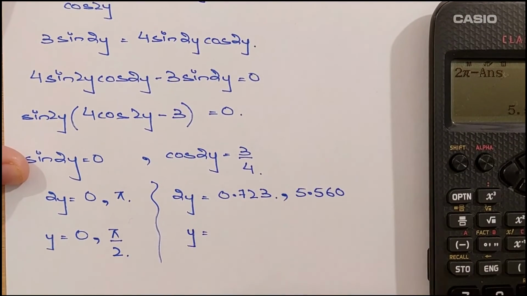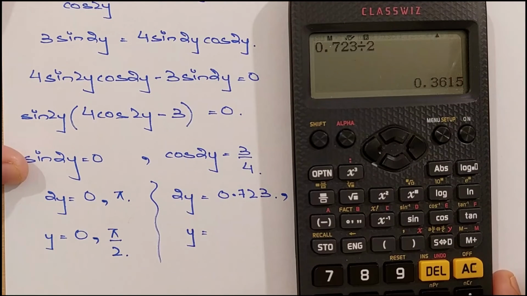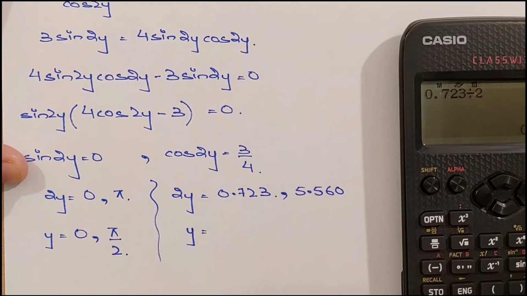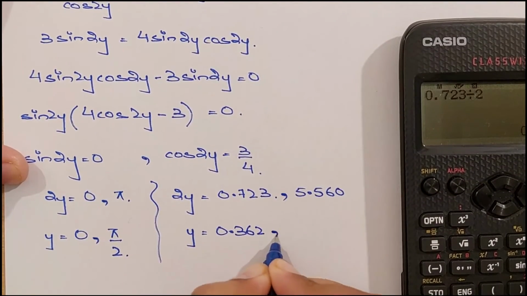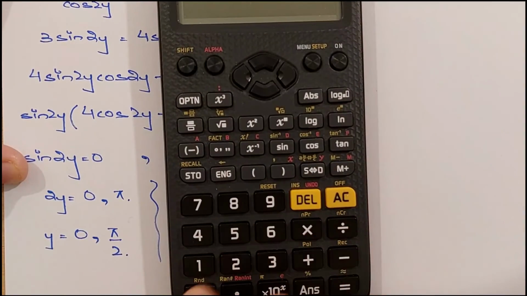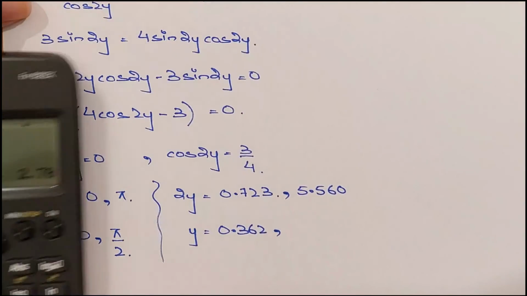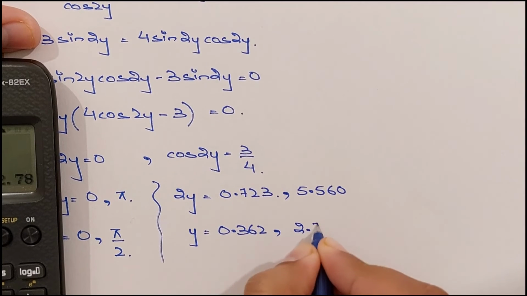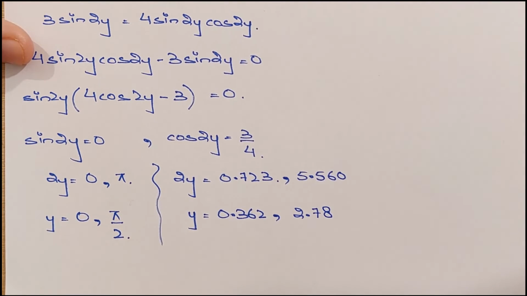And the y value is 0.723 divided by 2, this is equal to 0.3615, 0.362, and 5.560 divided by 2 is 2.78. Right, so these are the values of y.